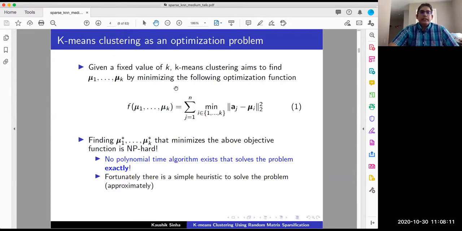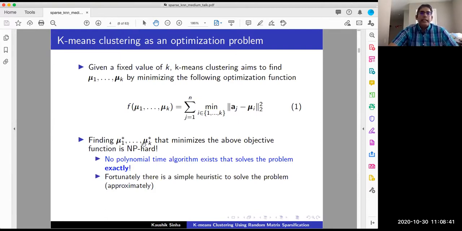So the k-means clustering problem is as follows. Given a fixed value of k and the data points, k-means clustering aims to find these centroid points, because as I said before, using the centroids you can figure out what the clustering is. It tries to minimize the following optimization problem. For each data point, it assigns it to the closest cluster centroid, and the idea is to find those centroids in such a way that the sum of the squared distances is minimized.